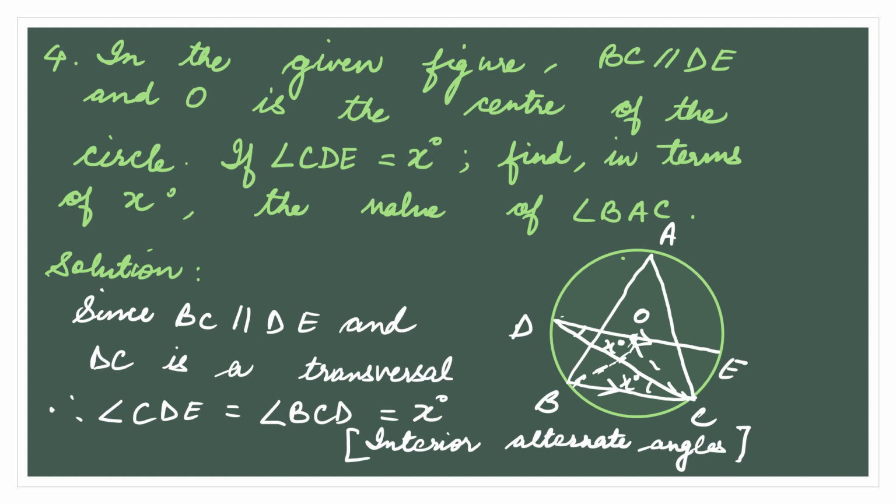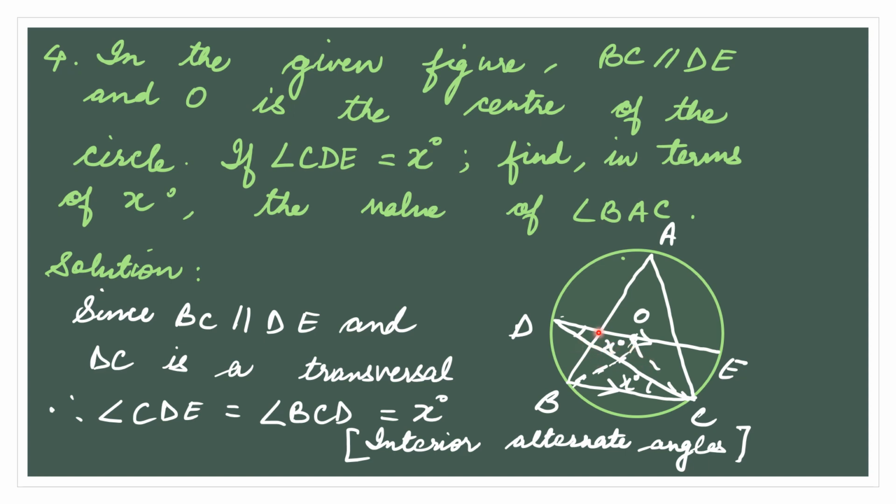In the given figure, fourth question children, BC is parallel to DE and O is the center of the circle. If angle CDE is equal to x degree, find in terms of x degree the value of angle BAC. See children, BC is parallel to DE, and it is given that angle CDE is equal to x degree, that is this one.